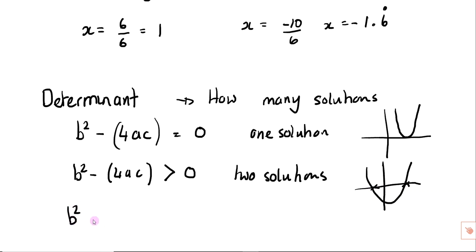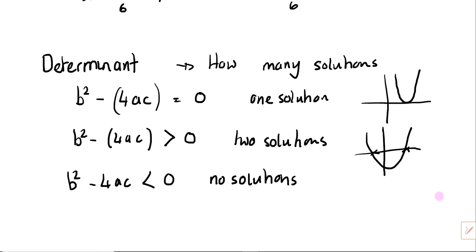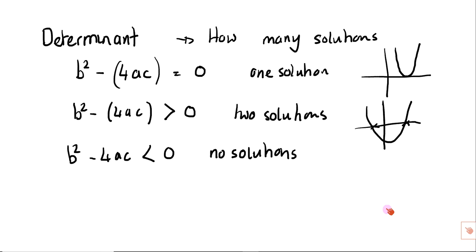And if b squared minus 4ac is less than 0, which means negative, we have no solutions. All right? And that looks like when it doesn't touch the axis. All right. Do you appreciate why that is the case?